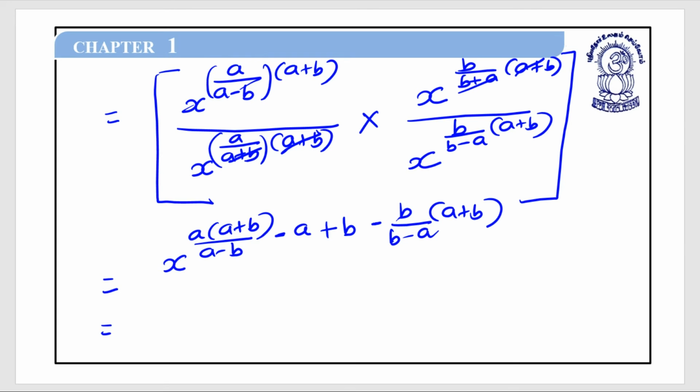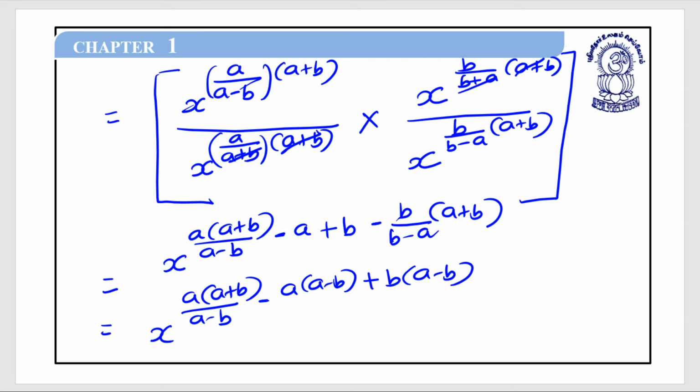Okay, so x raised to (a plus b) into (a minus b) minus a minus b plus b upon a minus b. Here b minus a becomes a minus b if we change the sign, minus minus plus b upon a minus b, a plus b.